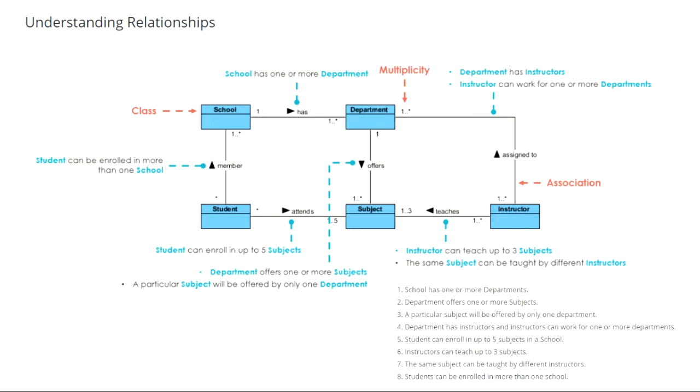Now read between student and subject. This is star, and this is 1..5.